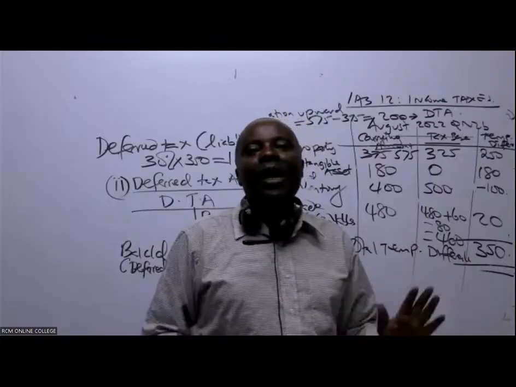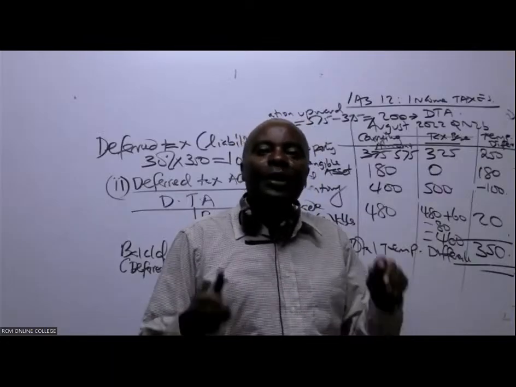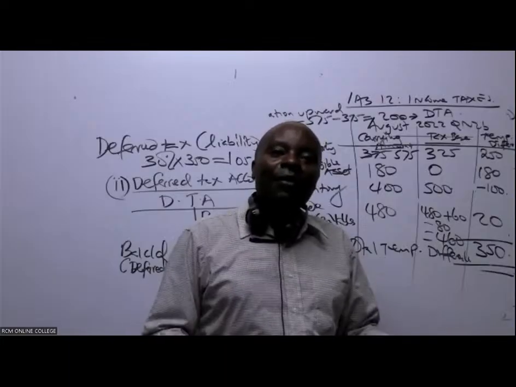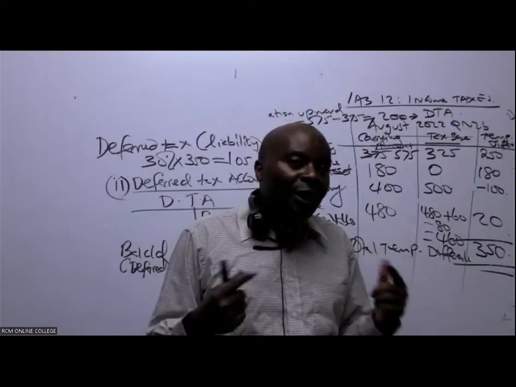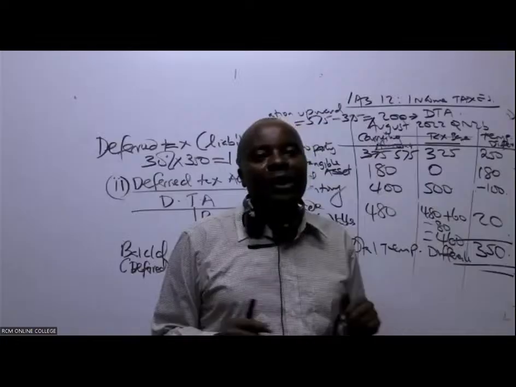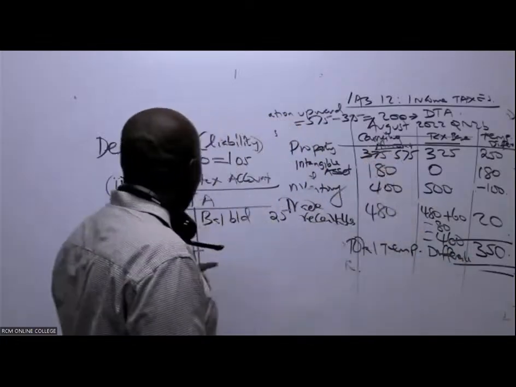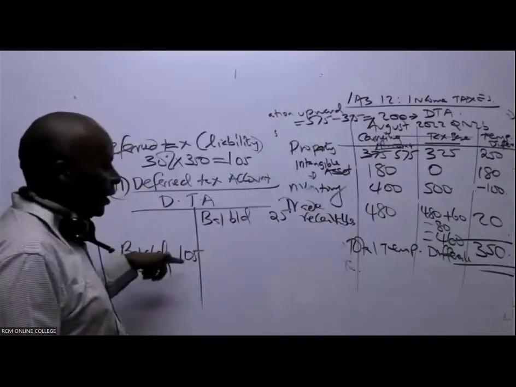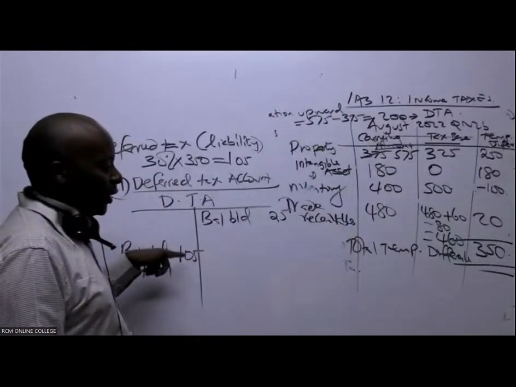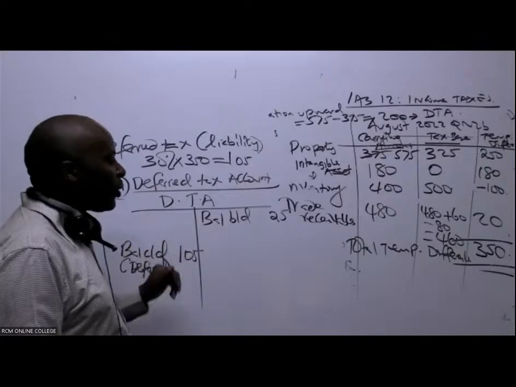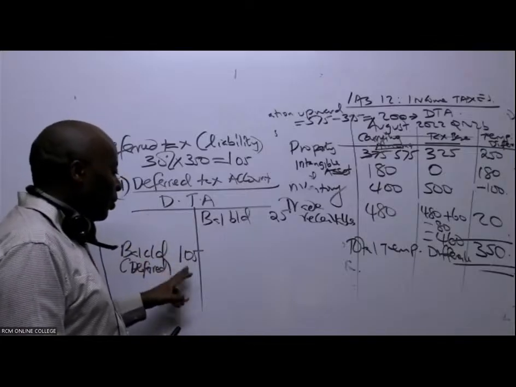The taxman will never allow them, and if he never allows them, then they will never feature in our temporary differences. But now here we have it, and because we have it, this amount here is overstated. This only happens whenever you have revaluations.